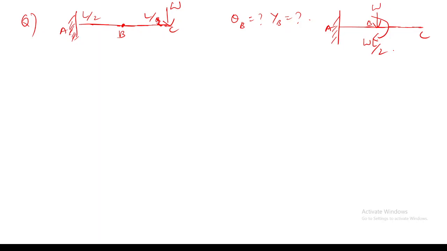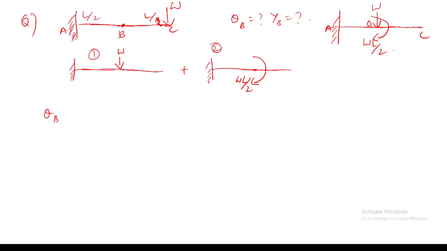Yes, sir. Since there are two different loadings, I will again split this into W plus this WL by 2. So this is 1 and this is 2. Then can you find out theta B? It will be theta B1 plus theta B2.